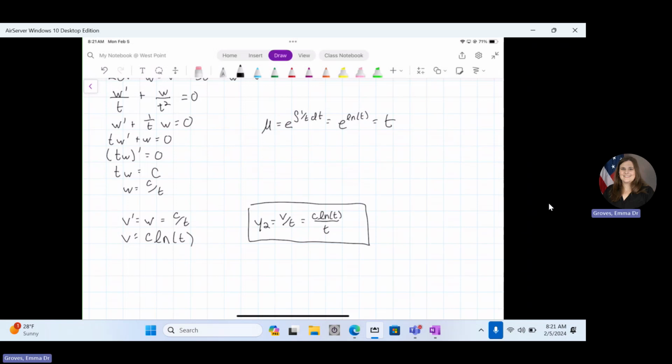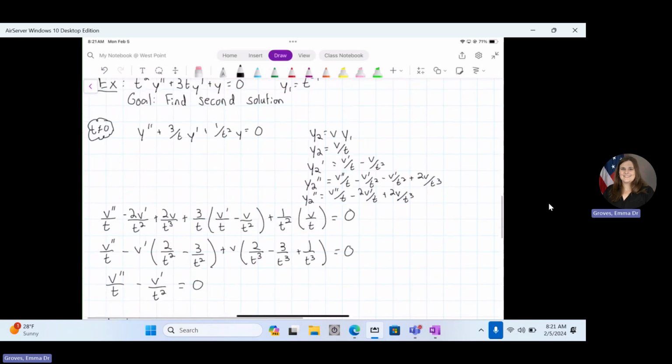So I know a long problem. But let's go back and think through what steps we took, right? Kind of our first step, if I go all the way back up to the top, was to say Y2 was going to be V times Y1. That was my step one.